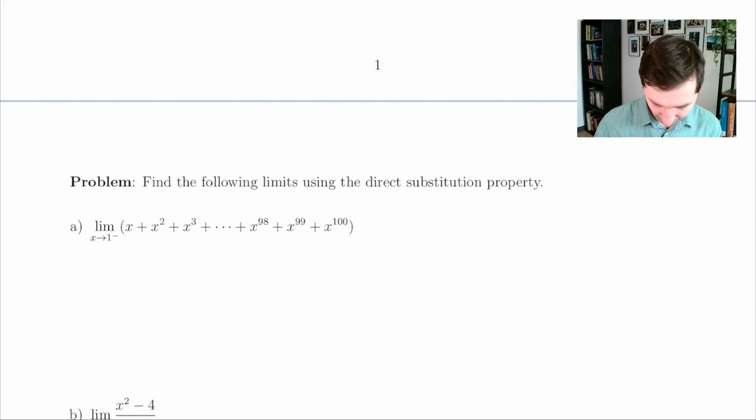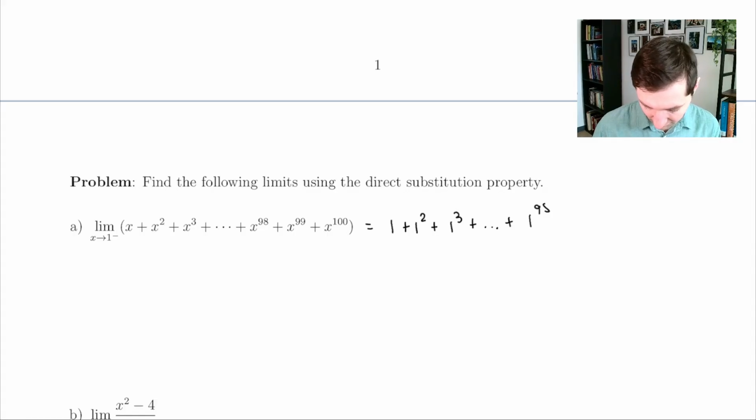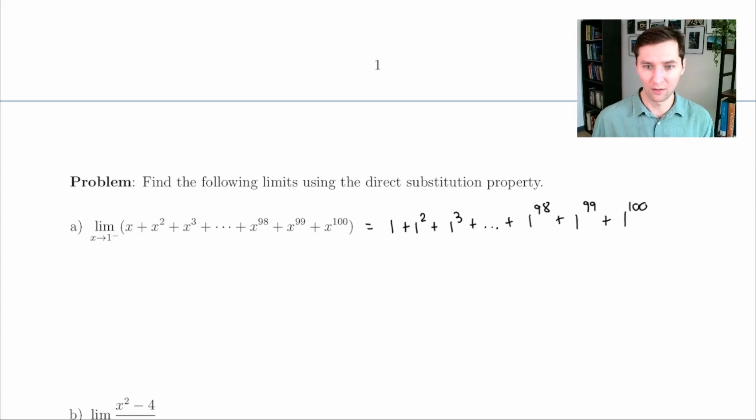And I will get 1 plus 1 squared plus 1 to the 3rd power plus ... plus 1 to the 98th power plus 1 to the 99th power plus 1 to the 100th power. 1 to any power is 1. So each of those terms is 1.